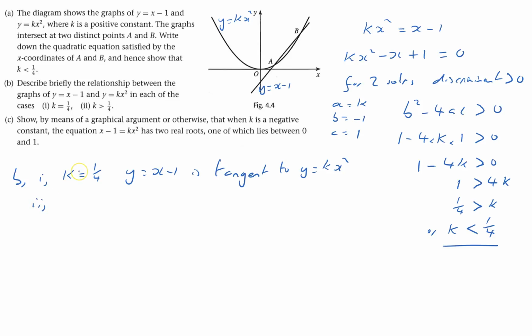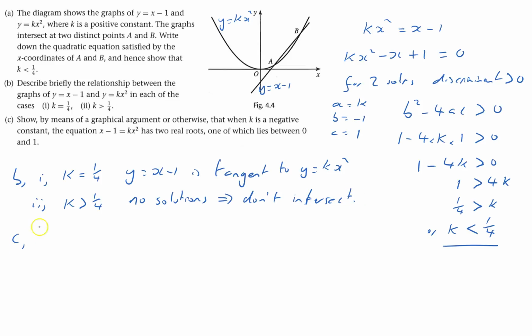Part 2, when k is greater than a quarter, then there'll be no solutions, because the discriminant will be negative, and therefore they don't intersect.